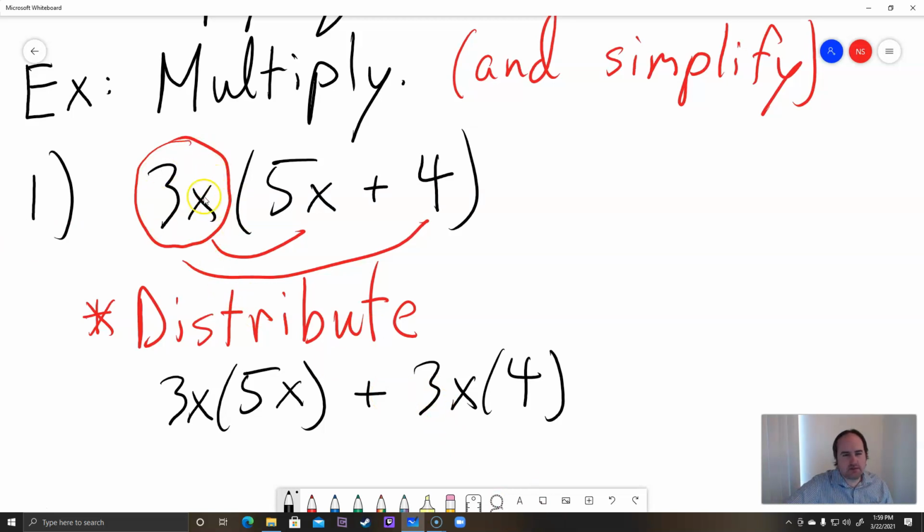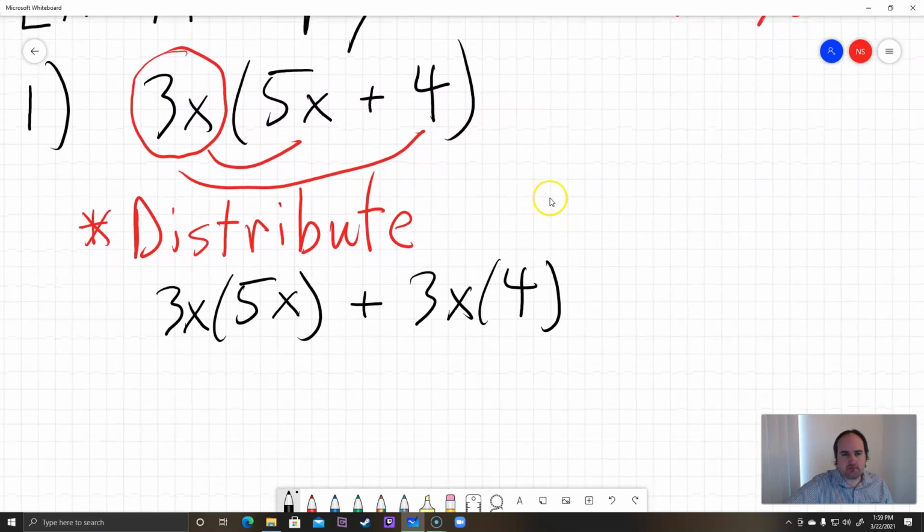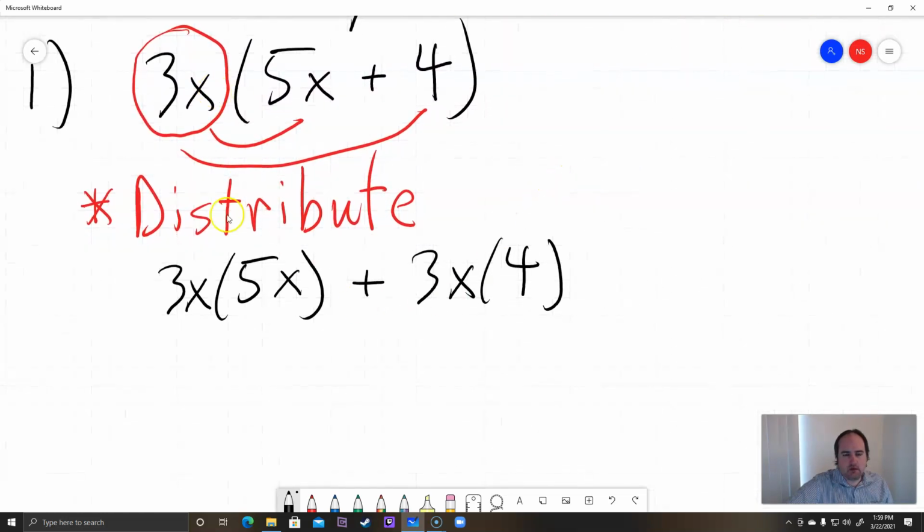Literally, all I did was distribute the 3x to each of those terms. And you're always going to be distributing if you have a monomial, so a polynomial with one term, times a polynomial with more than one term. Here it's a monomial times a binomial. It's called a binomial because it has two terms.